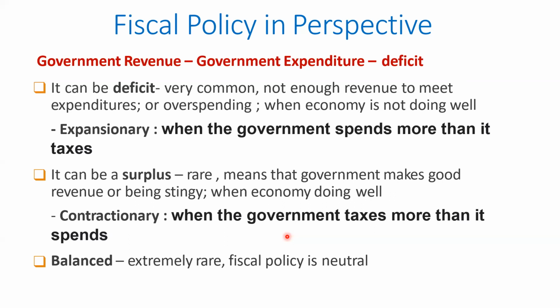Automatically, the contractionary policy limits your expenditure. Limiting your expenditure means limiting your buying power, and maybe your other expenses.